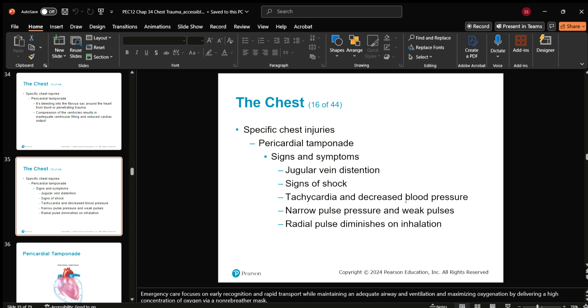My lung sounds are clear. I'm going to listen to the heart, and the heart may sound muffled. You might not have a good resonance, you might not be able to hear it very well. That all further leads to the likelihood that you have a pericardial tamponade versus a tension pneumothorax.